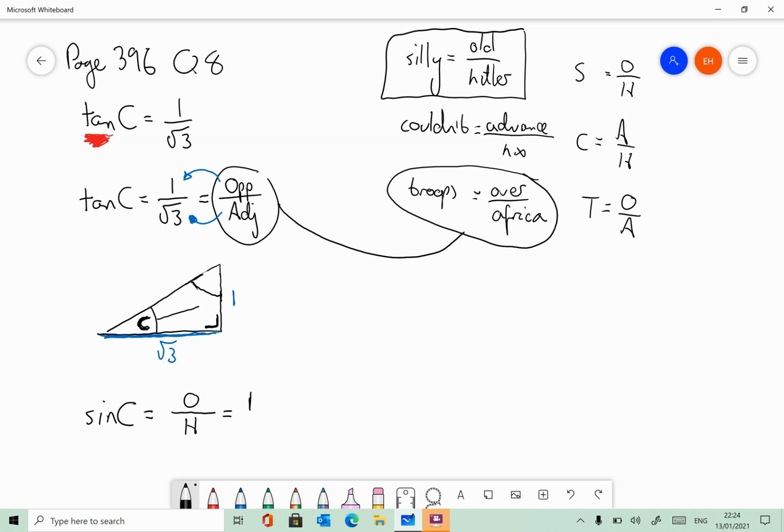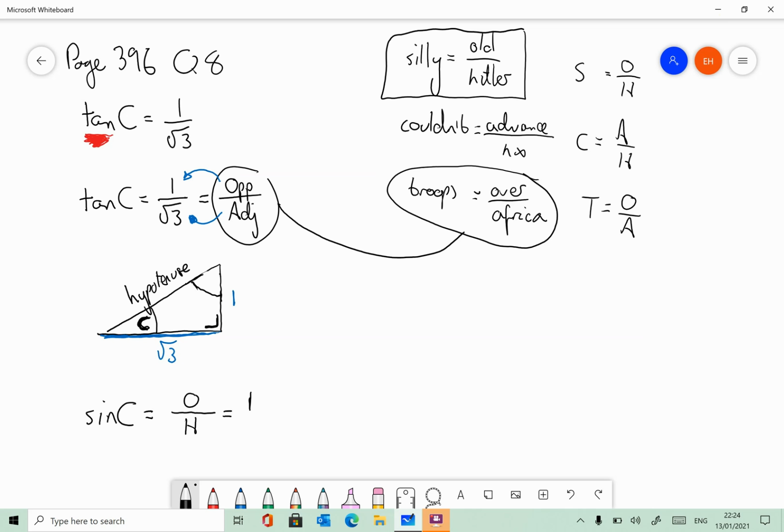So 1 is the opposite, but we don't know the length of the hypotenuse yet. So I can't answer this question until I work out that length.